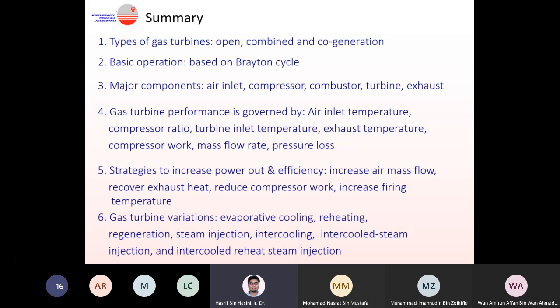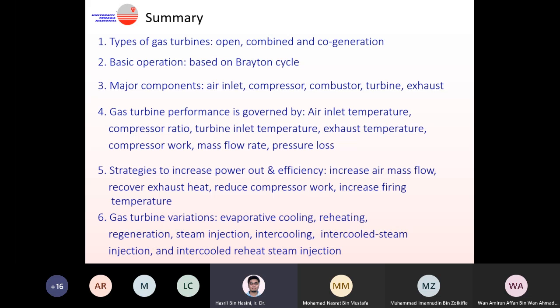And lastly, in terms of gas turbine variations, what else can we do to increase the overall efficiency of our gas turbine? You can have evaporative cooling: you spray water to reduce the ambient air that is admitted into the compressor.